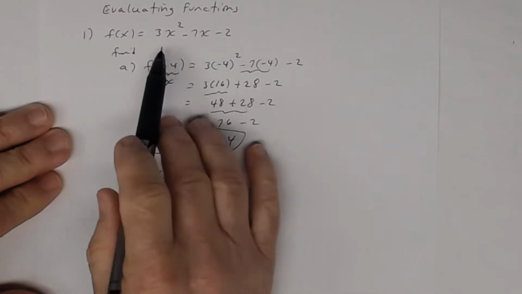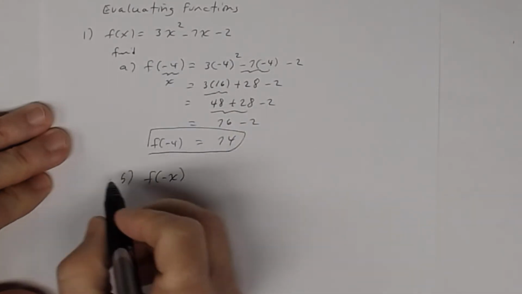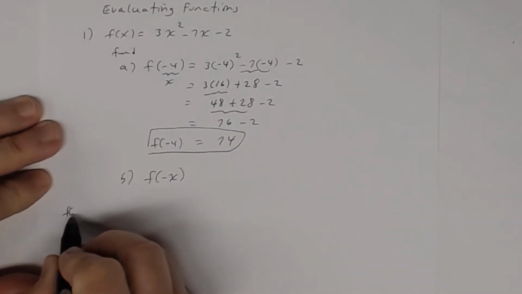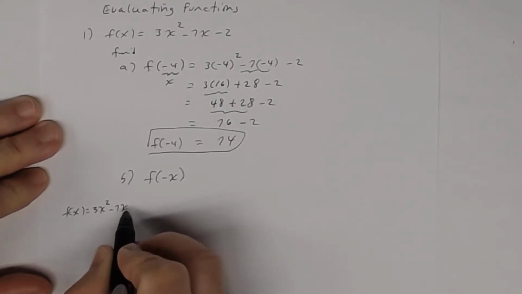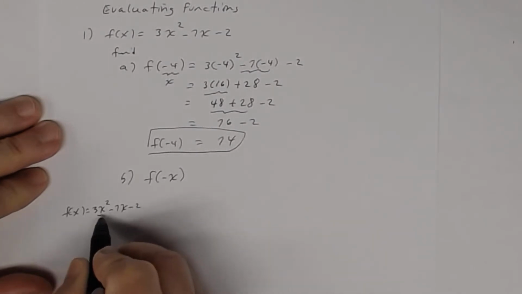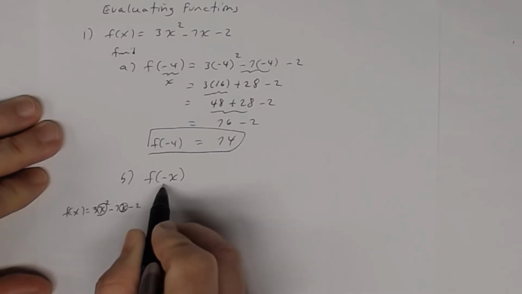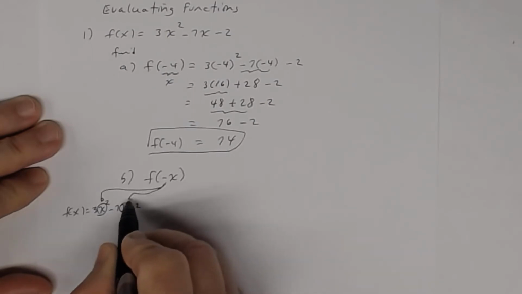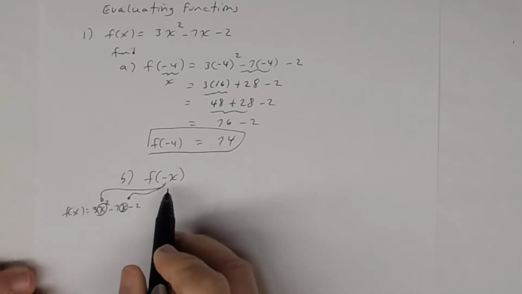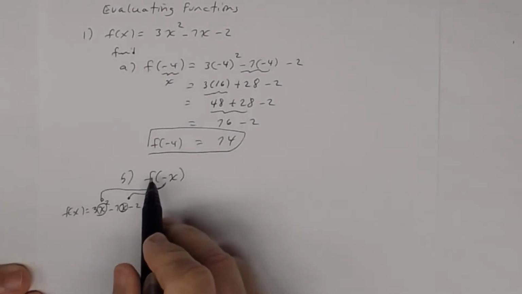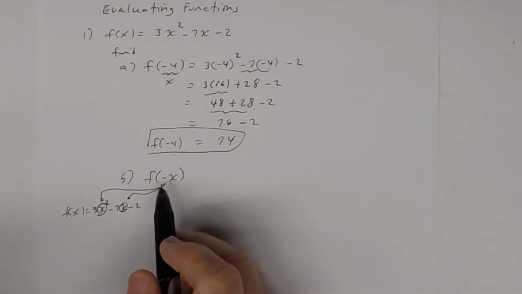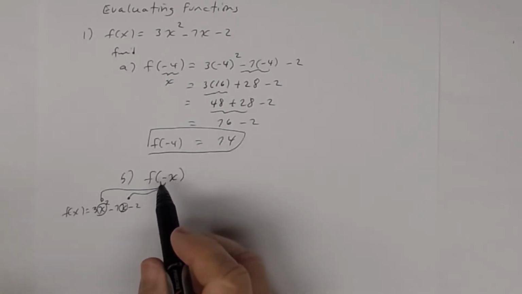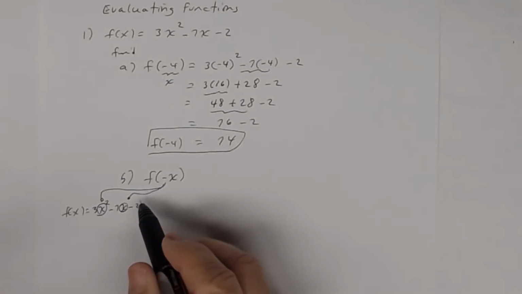Again, wherever we see the variable x, let me go ahead and write this here. f of x is equal to 3x squared minus 7x minus 2. Wherever I see that variable x, I'm going to substitute negative x. That's what that means. Now, the idea of finding f of negative x is going to be important when we talk about determining whether a function is an odd function.